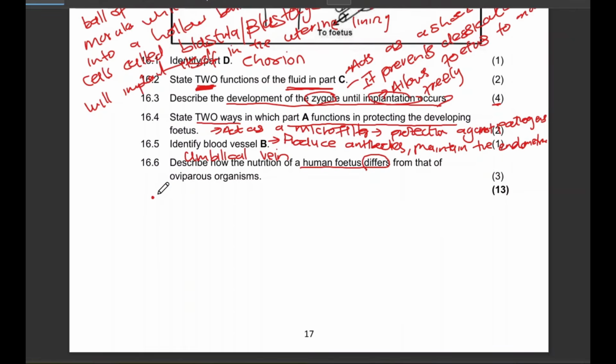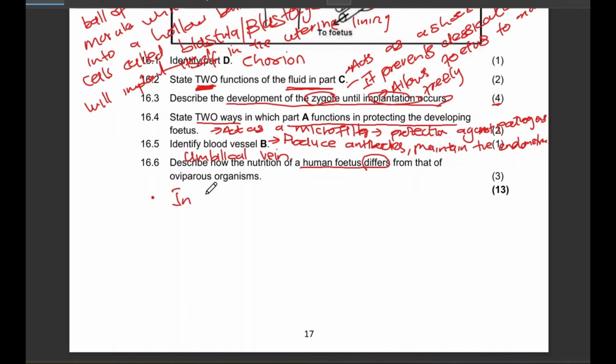So what we know already is that in humans, the fetus will receive nutrients from the mother's blood, right? And it will receive these nutrients through the placenta, or specifically the umbilical vein. In oviparous organisms, the embryo receives the nutrients from the yolk.